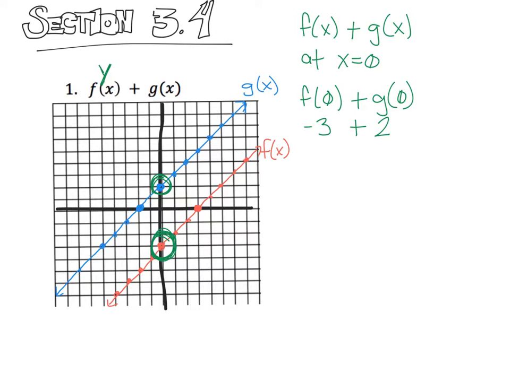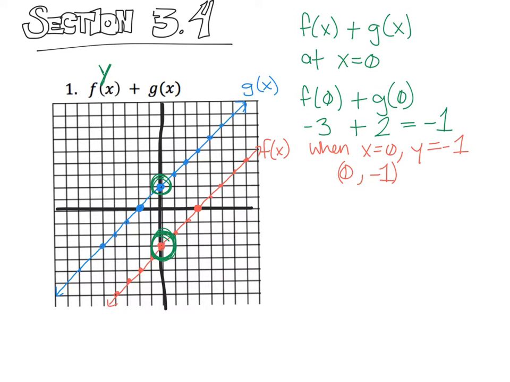So when I'm adding these two functions, I'm adding the results when the input is 0, which is -3 plus 2. That is -1. So f of 0 plus g of 0 is -1. My point there would be 0, comma, -1.